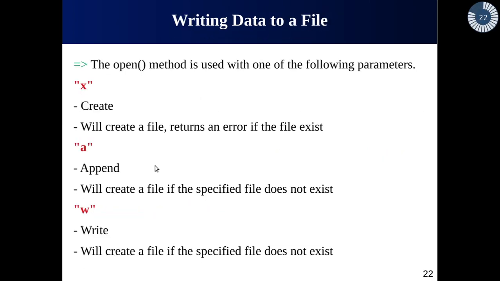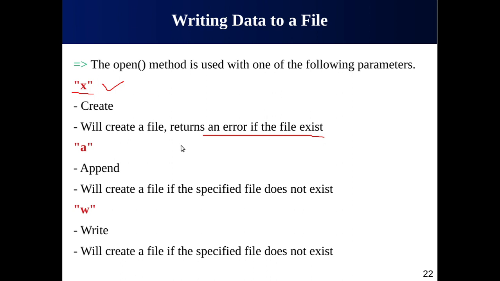Okay, so let us see the modes of a file. If it is for writing purposes, like the reading purposes, we have different modes: W, A, and X. X is for create, remember? If you want to create a new file, then write X. And if the file already exists, it will return an error.